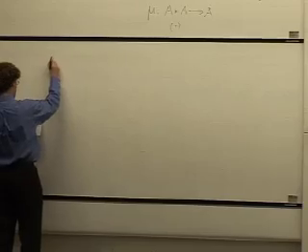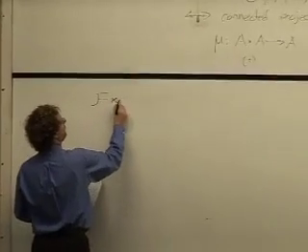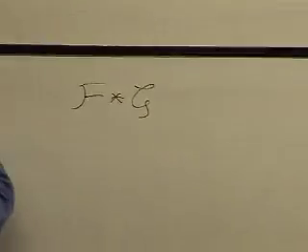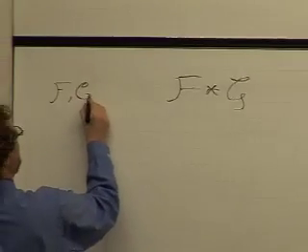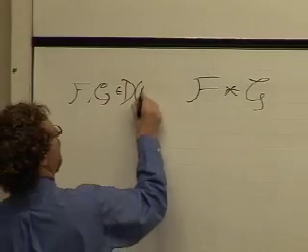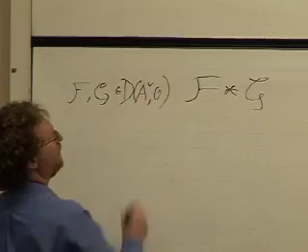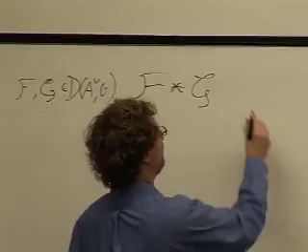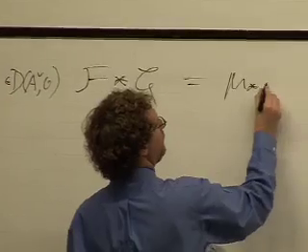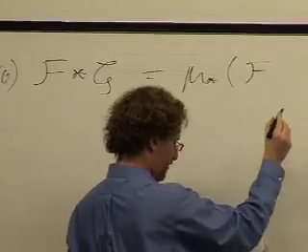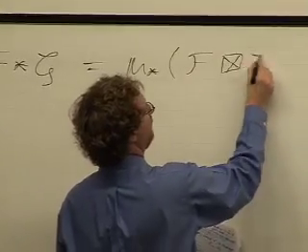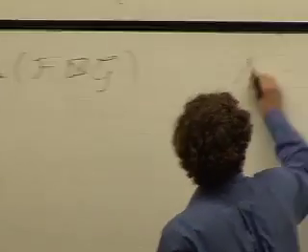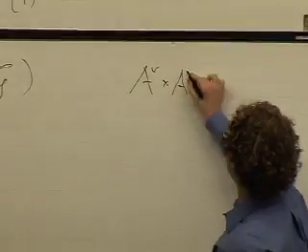Let me define convolution. If F and G are sheaves, say on A check, I'm going to define the convolution to be the integral of F in one factor, G on the other factor. So I have this multiplication map. I'm writing it for the dual now.